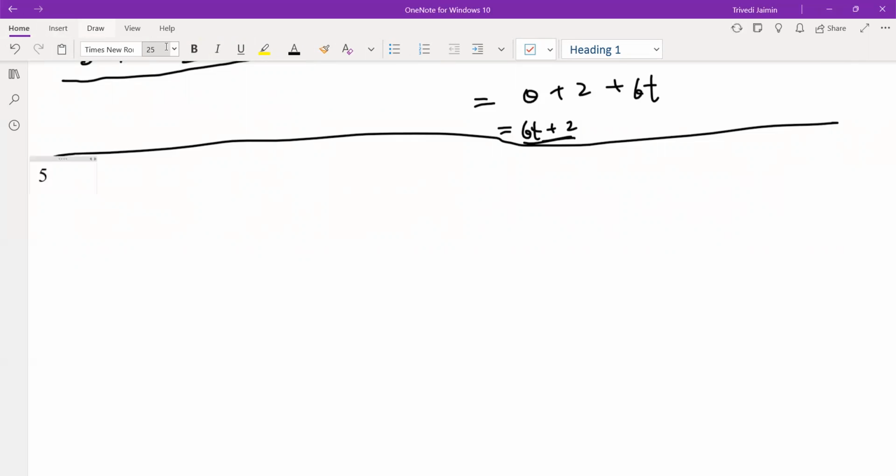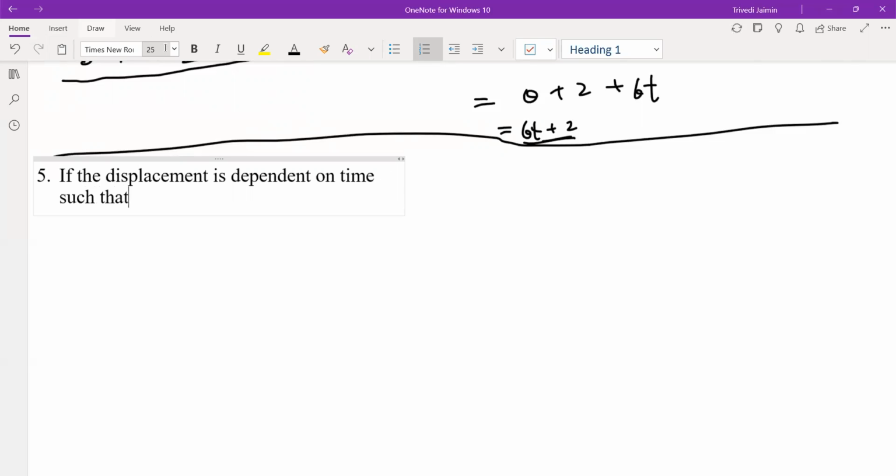Okay, question. I think so. Fifth question only, right? Yes. If the displacement is dependent on time such that x equals 2t minus 2, I guess you'll be able to solve this.